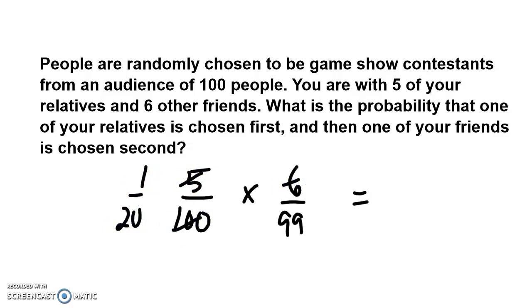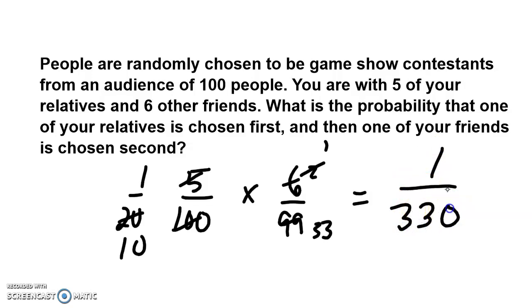This could break down to 2 over 33. You could do this. So what's the probability that that happens? One of your relatives and then one of your friends? It's going to be 1 out of 333.